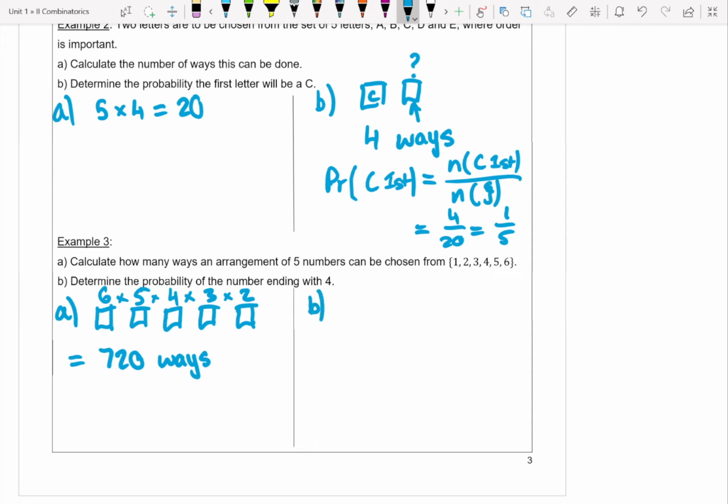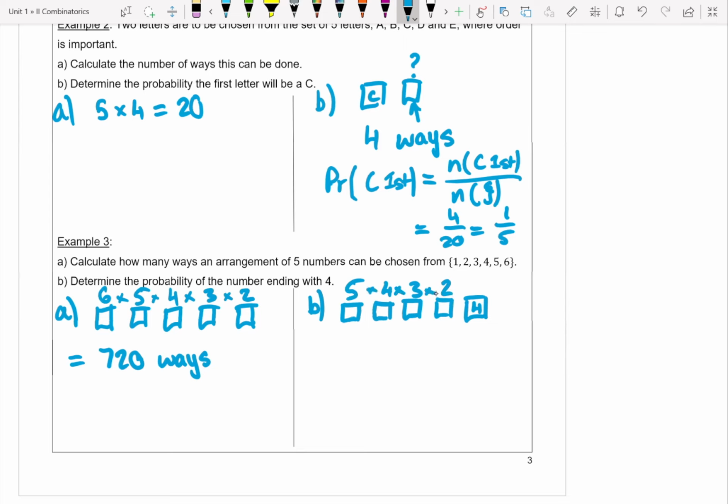If we're asked to determine the probability of the number ending with a 4, we're locking in that final number. So I have to reconsider how my other 4 numbers can be chosen because of that. So I don't have 6 options for number 1 anymore. I only have 5. Then I have 4 options, then 3 options, then 2 options.